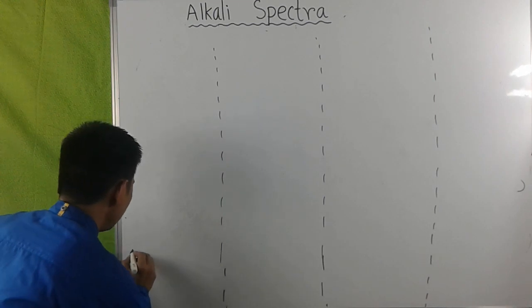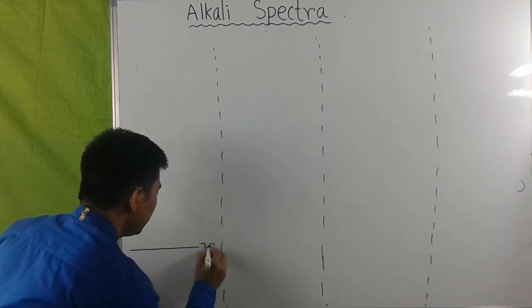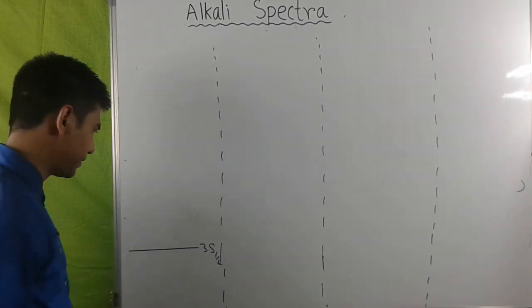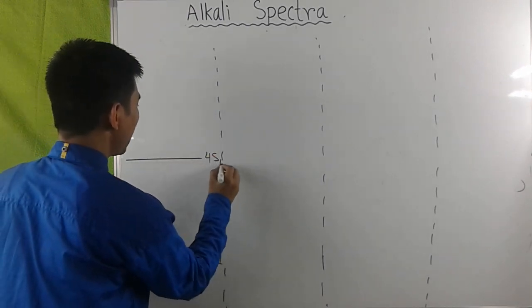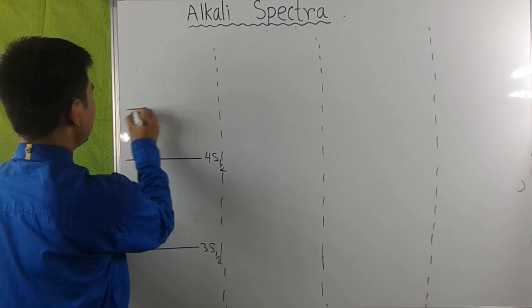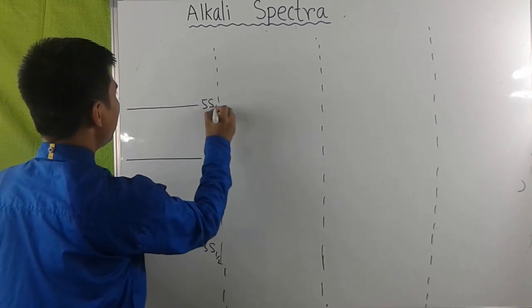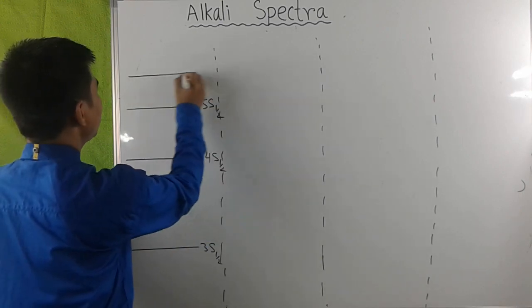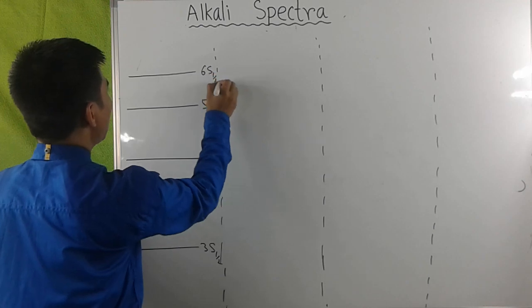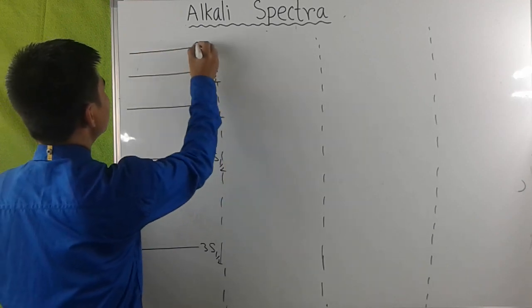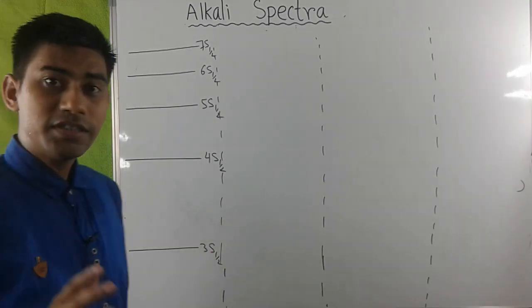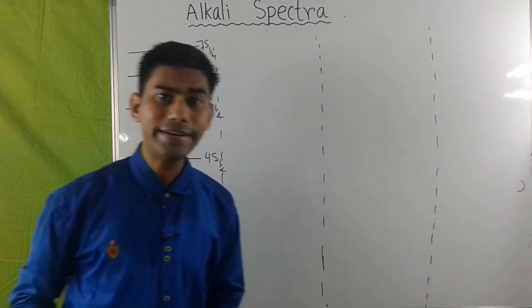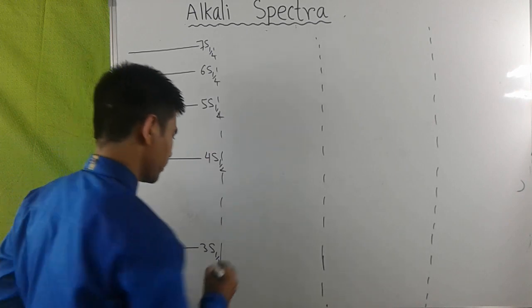Suppose this is the 3s 1/2 level, this is the 4s 1/2 level, this is the 5s 1/2 level, this is the 6s 1/2 level, and this is the 7s 1/2 level. Okay. Now the 3p level is divided into two sublevels.